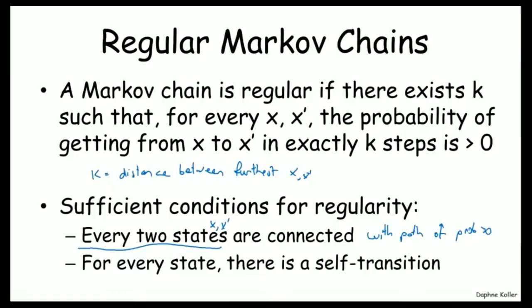So this is a way of guaranteeing that, for this value k, you can get from every state to every state. And that's what people typically do. They typically add these self-transitions to guarantee regularity.